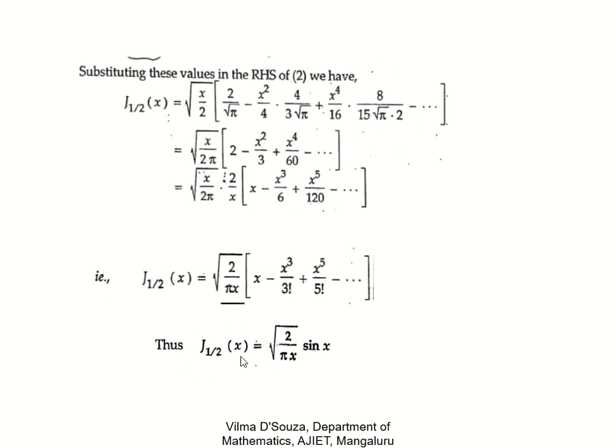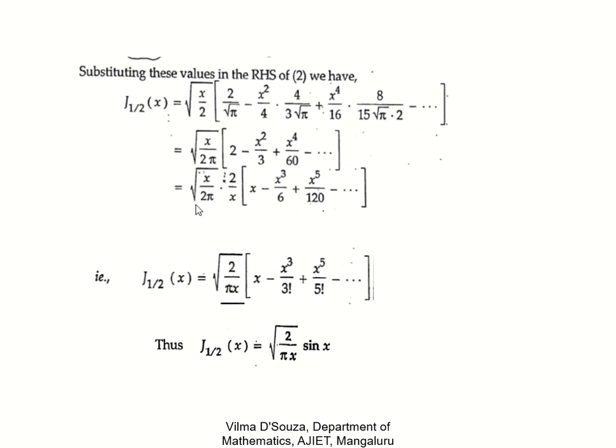Or J half of x is equal to root 2 by pi x. What is this series? x minus x cube by 3 factorial plus x power 5 by 5 factorial, and so on, that is sin x. So J half of x is root of 2 by pi x into sin x. So this is about J half of x.